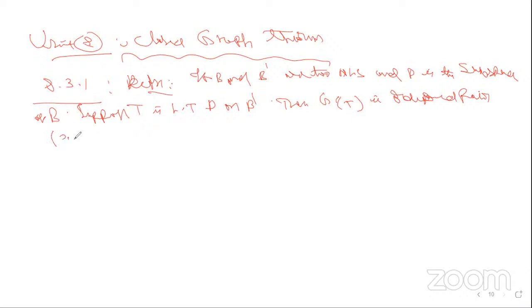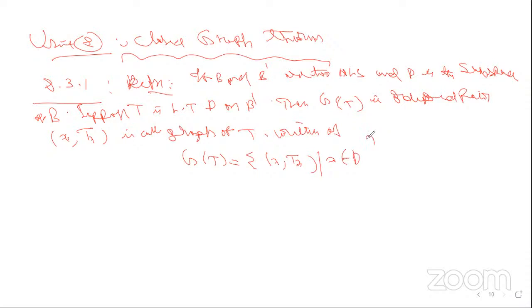Then x comma T of x is called the graph of T, written as G of T equals the set of x comma T of x such that x belongs to D. So clearly G of T is a subspace of B cross B dash.